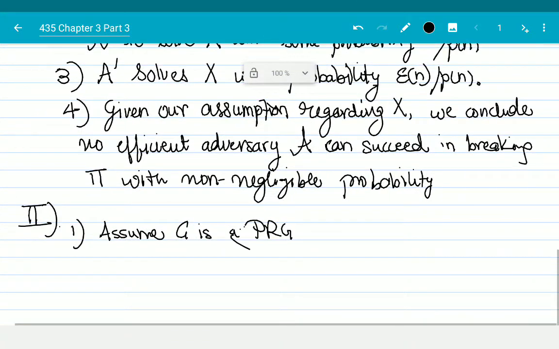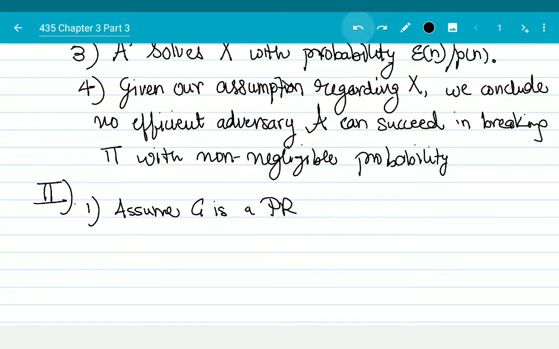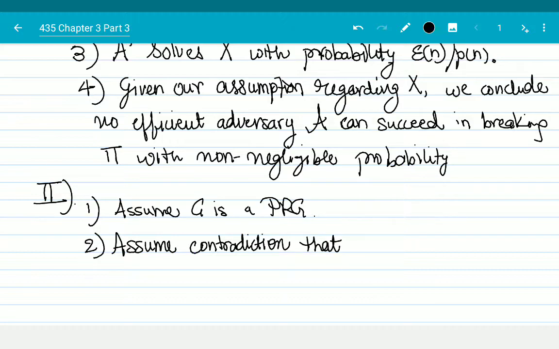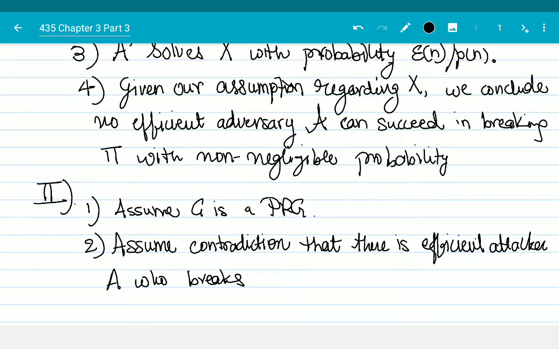Second, assume for contradiction that there is an efficient attacker A who breaks the OTP scheme, who breaks pseudo OTP.